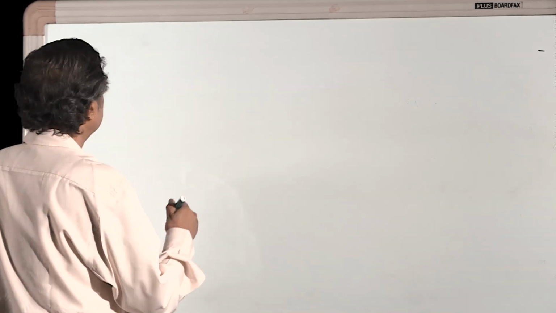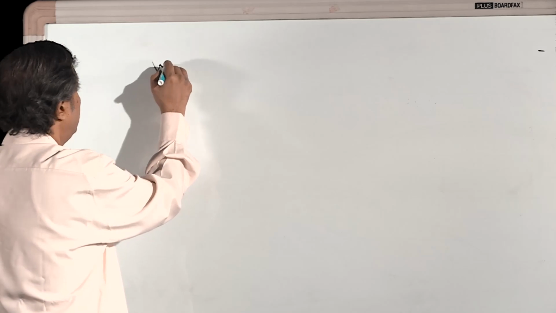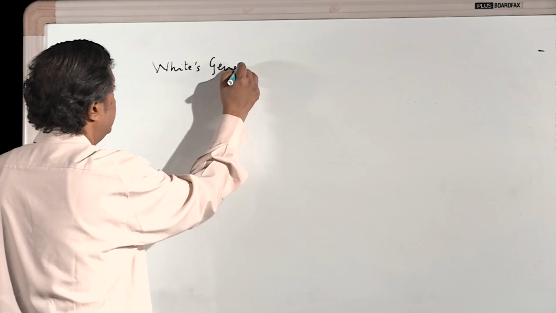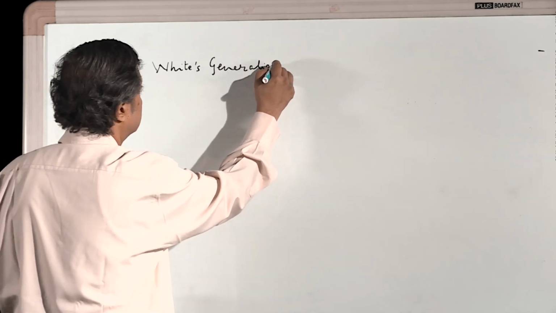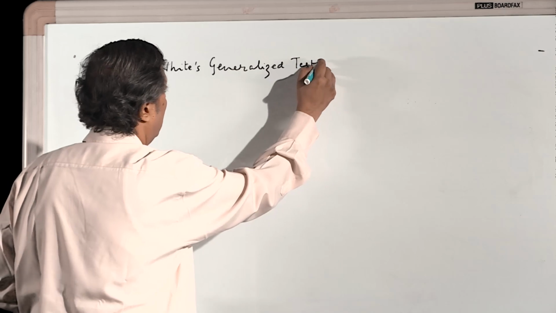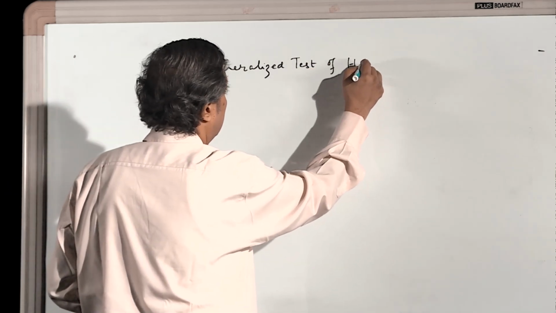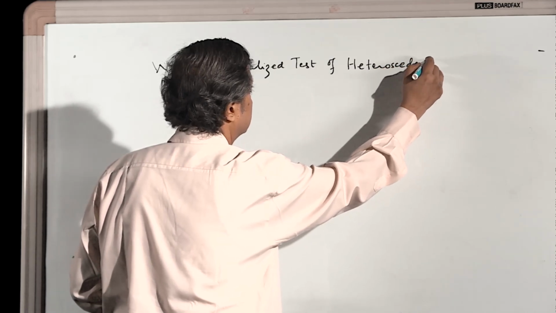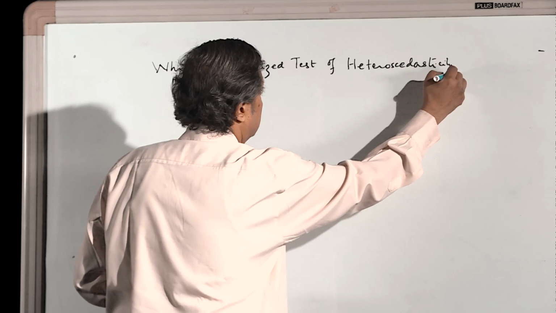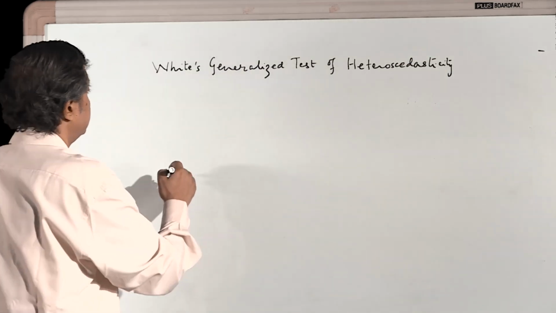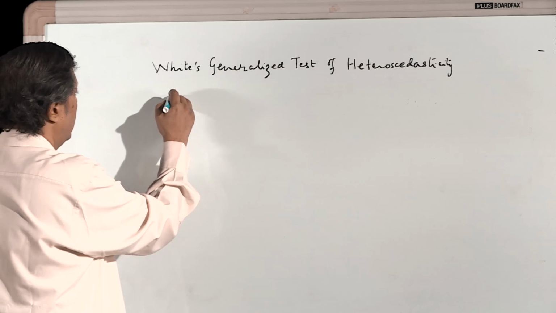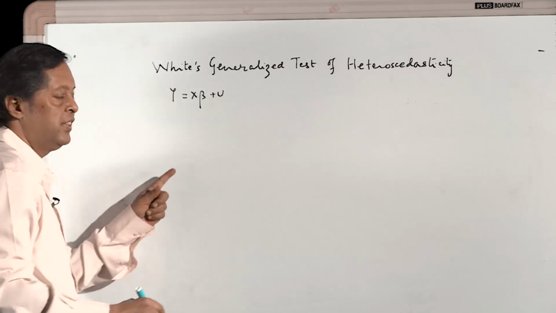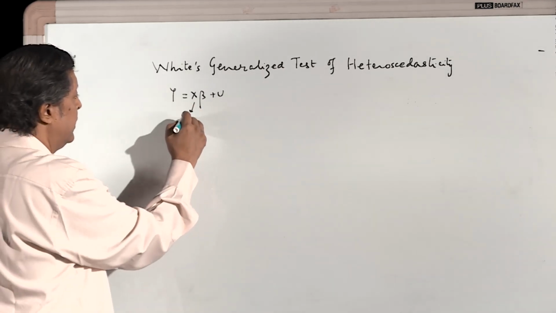So, here when we do White's generalized test of heteroscedasticity, what we say is y is equal to x beta plus u. This is in matrix form. So, x is n cross k.